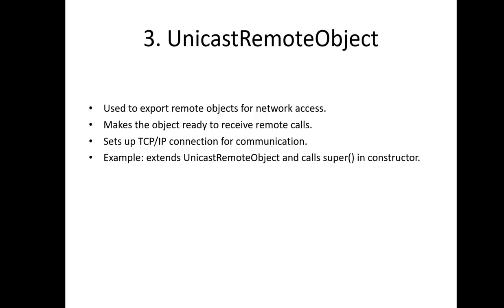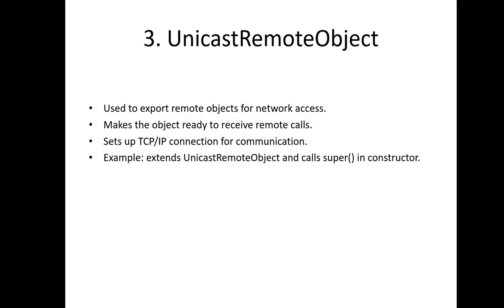Okay, the next important class is UnicastRemoteObject. This class is very important. Whenever a server-side class extends UnicastRemoteObject, it becomes a remote object so that another JVM can make calls to it. Along with that, it is also responsible for connection establishment.